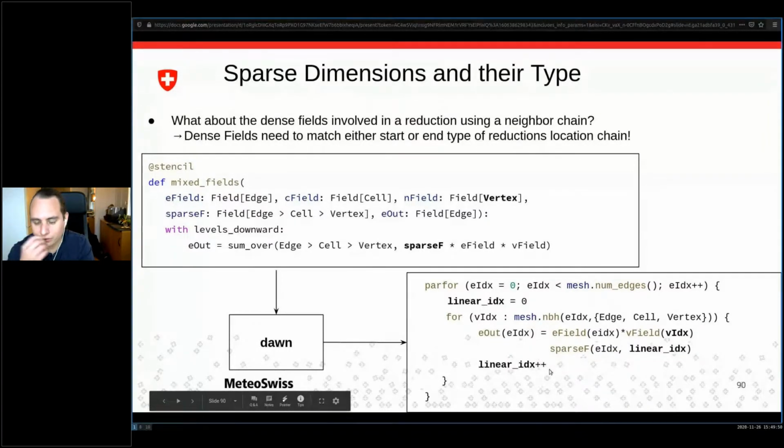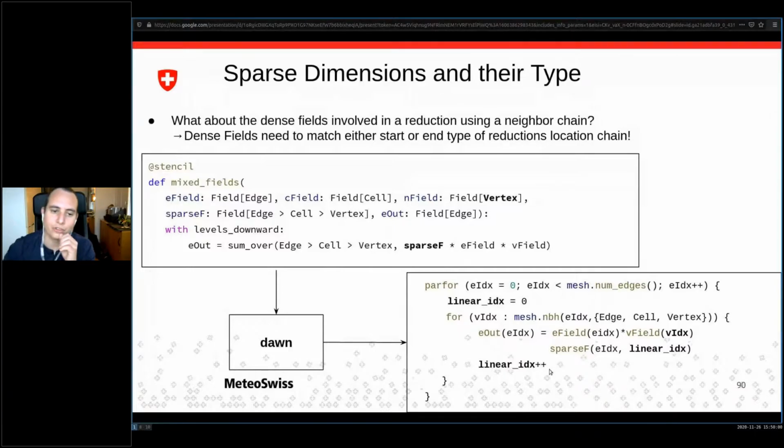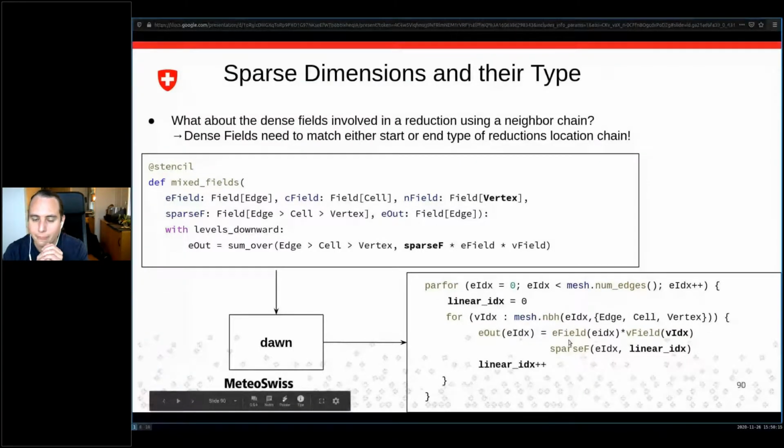But when you look at this, you realize that we never take care of any cells. Like this chain implies that we are only looking at the type which is at the end of the chain. We're only looking at vertices. So there would be kind of like constructing the argument backwards. If you generate this code, that wouldn't even be a means to address this cell array.